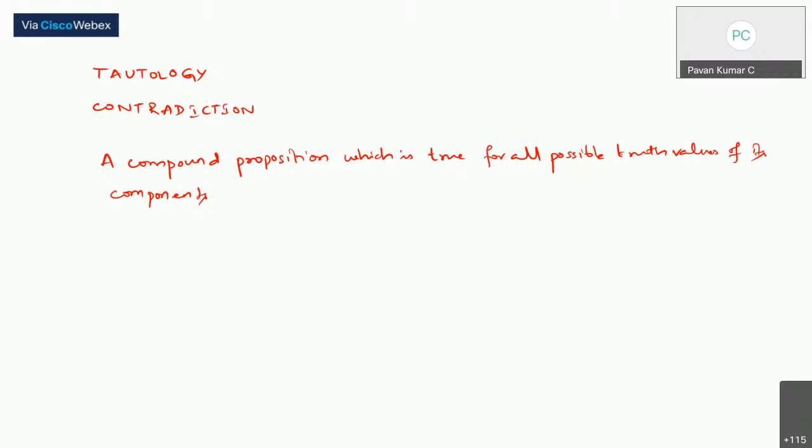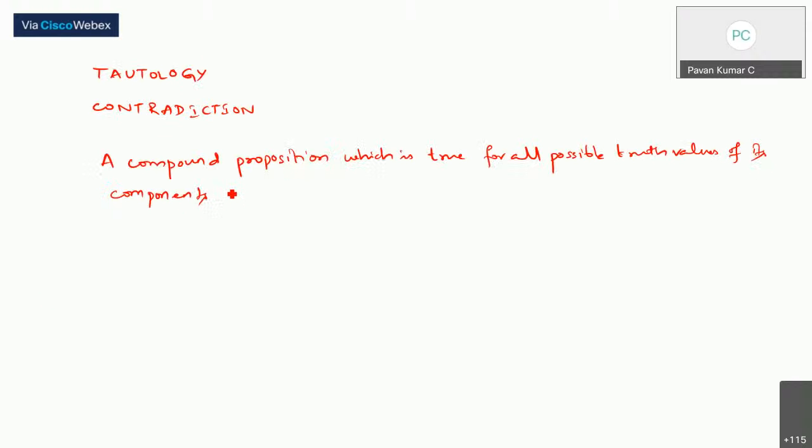So a compound proposition which is true for all possible truth values of its components is called a tautology.